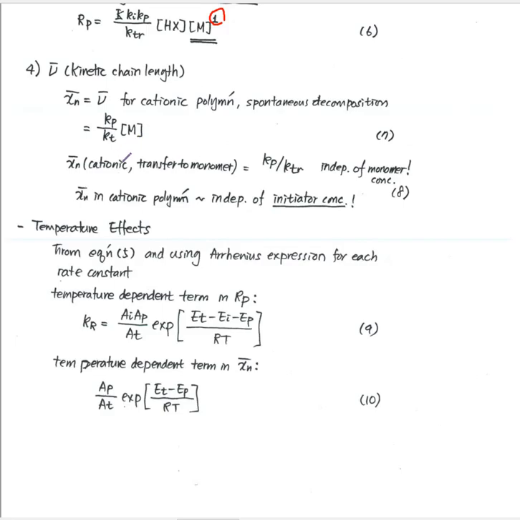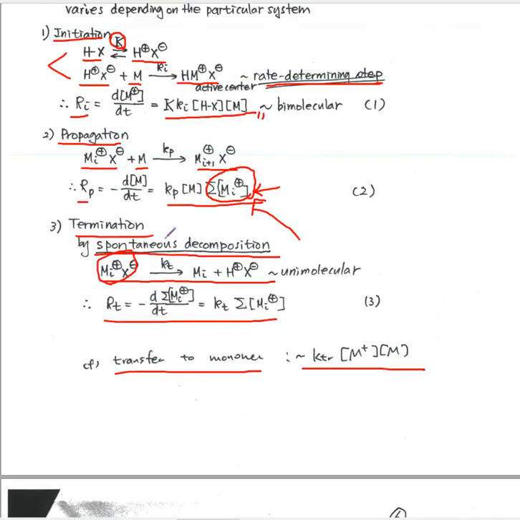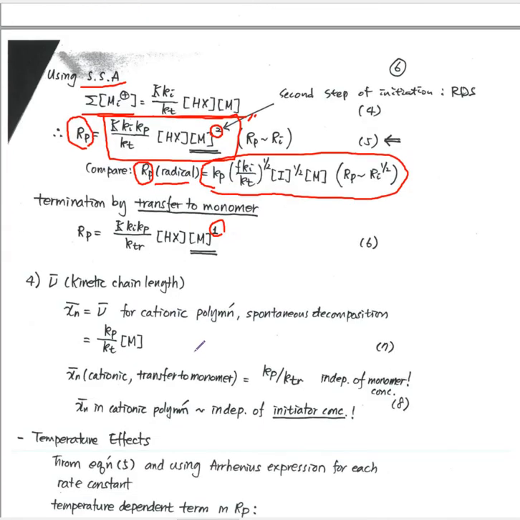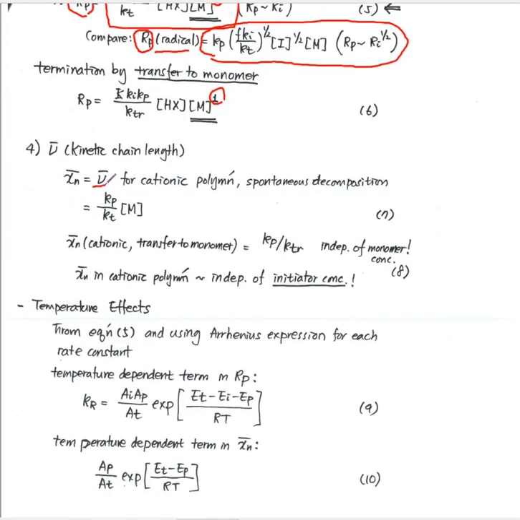So we can just use the initiation rate here and the termination rate here. If you divide, you can easily get the kinetic chain length as shown here. And if you only consider unimolecular rearrangement for termination, then the kinetic chain length should be the same as the number average degree of polymerization.